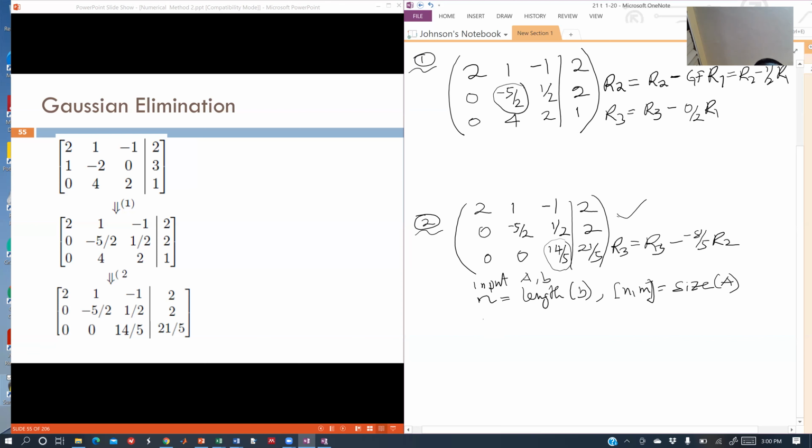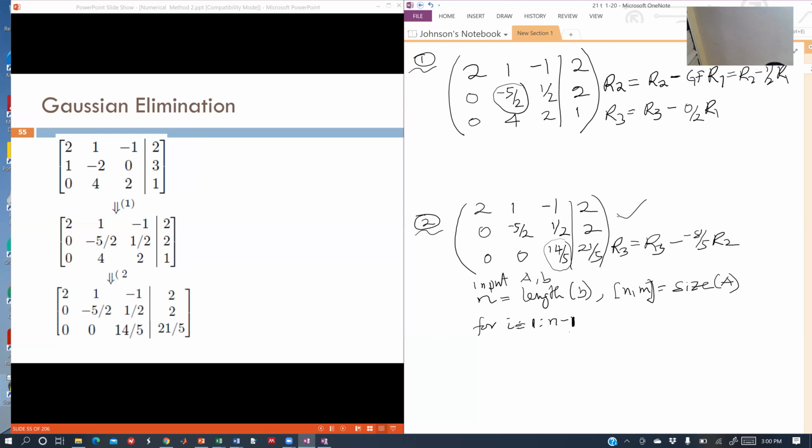So I can say that for i running from 1 up to n minus 1, because we have all agreed that if my number of linearly independent rows is n, then I'm going to do n minus 1 iterations.